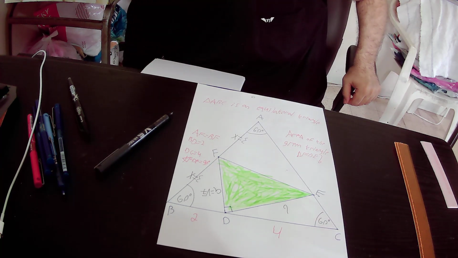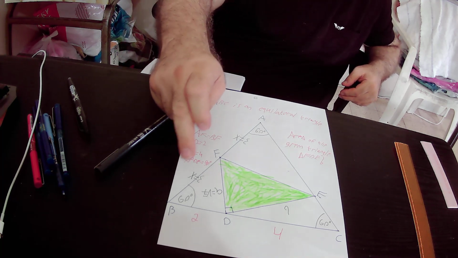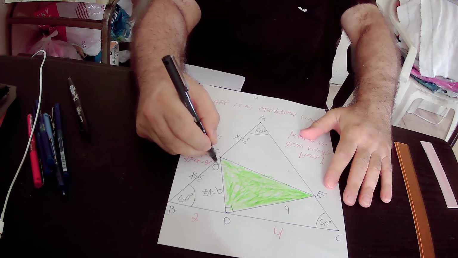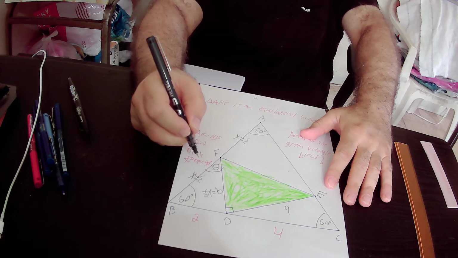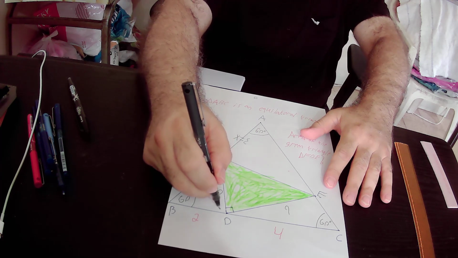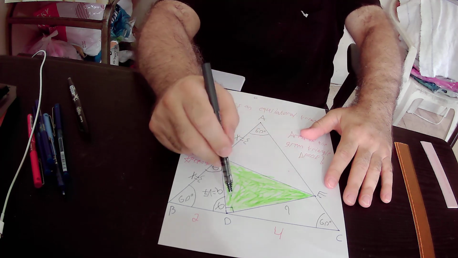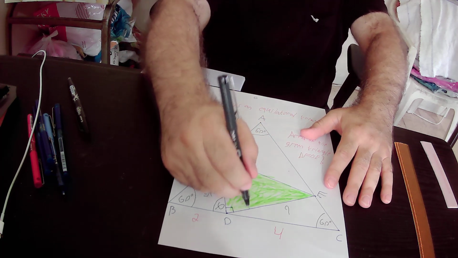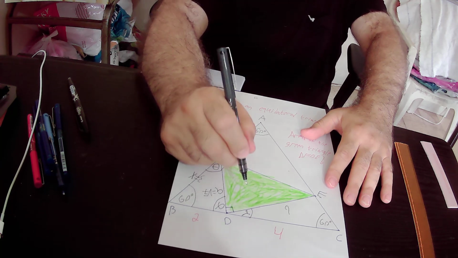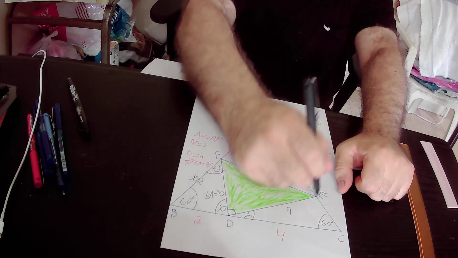In the next step, we will define angle BFD as theta, and we will also define angle FDB as alpha, and we will define angle EDC as gamma, and we will define angle CED as beta.